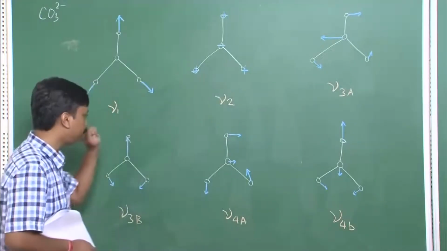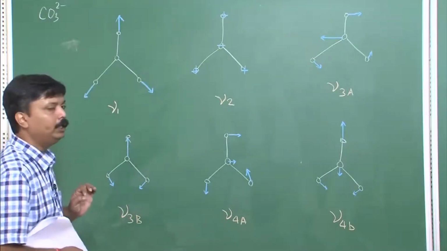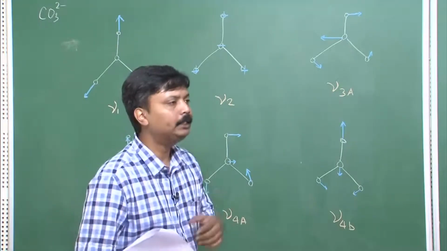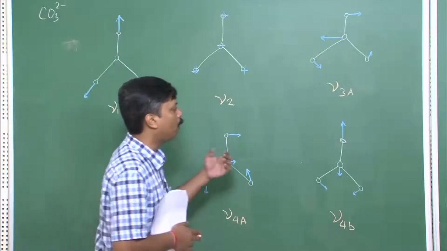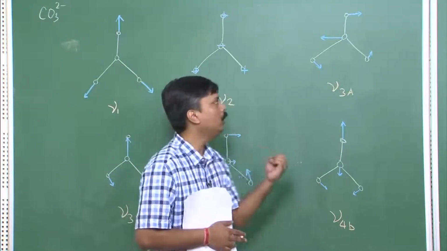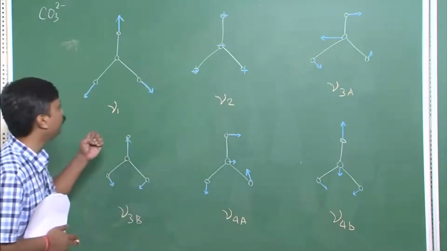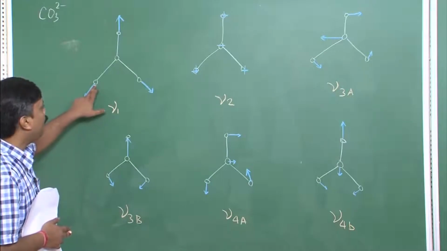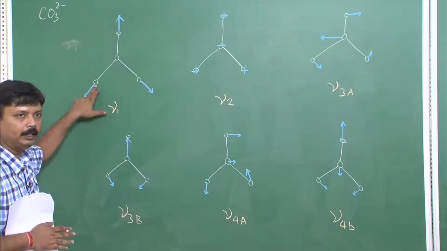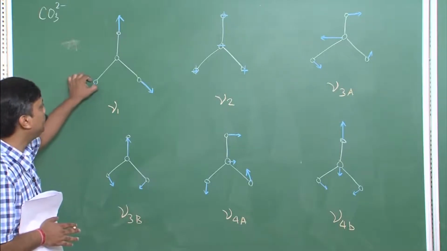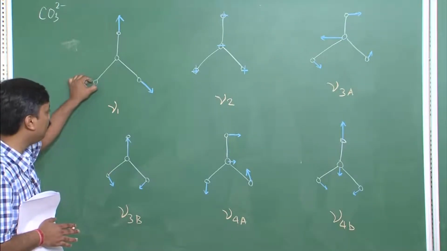All right. Now, one thing you should notice is that in many cases we have a misconception about how to draw this normal mode. Here, if you look carefully, the arrow starts from an atom and goes in a particular direction. This means that this atom is moving.